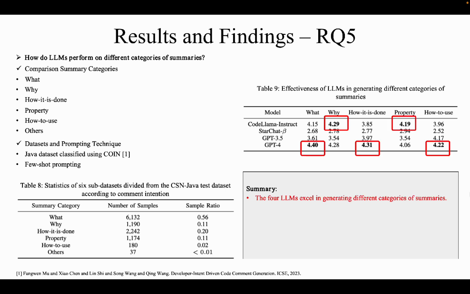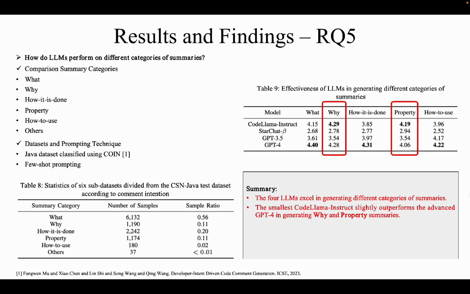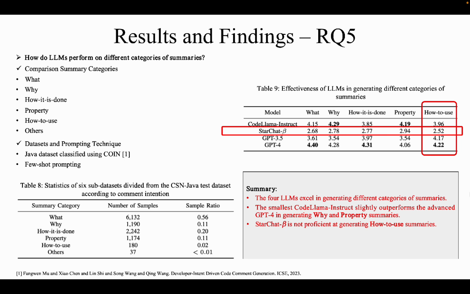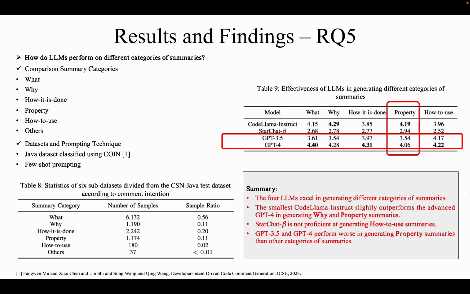And the results show that the 4 LLMs excel in generating different categories of summaries. Like the smallest Code Llama outperforms GPT-4 in generating why and property summaries, and StarChat is not proficient at generating how-to-use summaries. And GPT-3.5 and GPT-4 perform worse in generating property summaries than other categories of summaries.